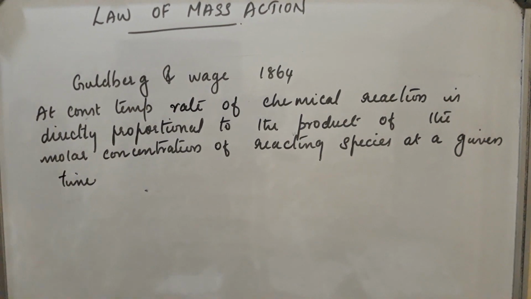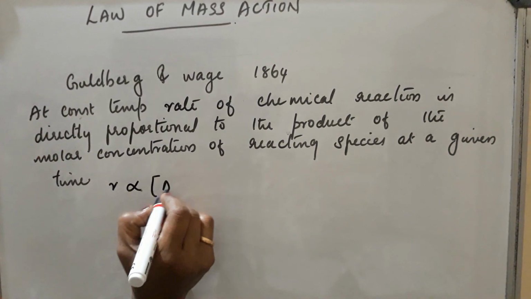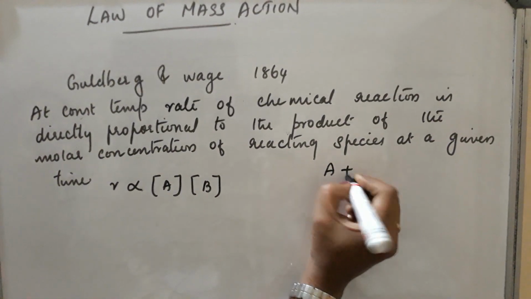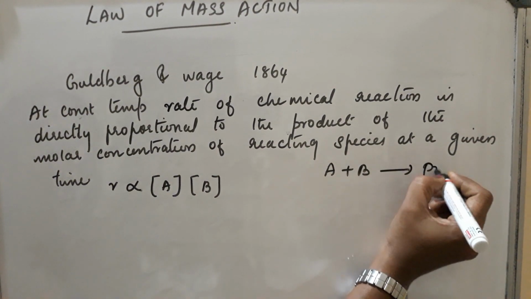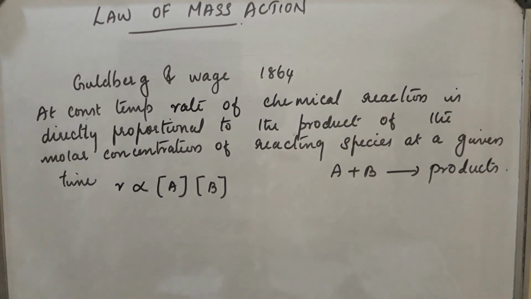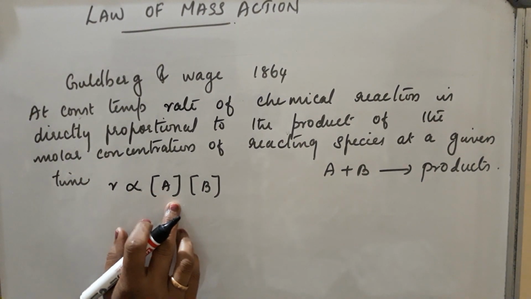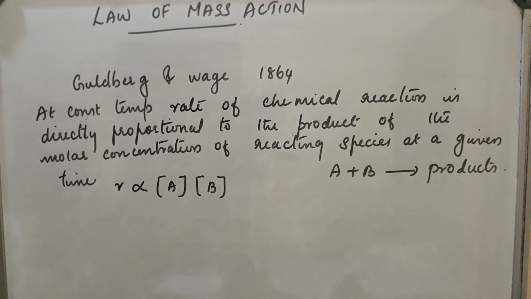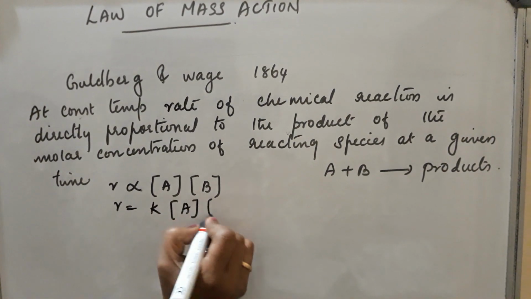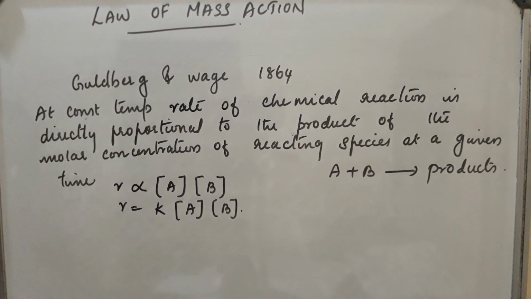Now, the rate of a chemical reaction can be represented as R, and R is proportional to the concentration of reactants. A and B are the reacting species, and A and B give product. So, the rate of the reaction is directly proportional to the product of the molar concentrations of the reactants, or we can write R equals some proportionality constant times the product of the concentrations of the reactants.